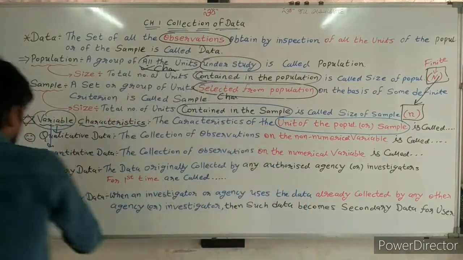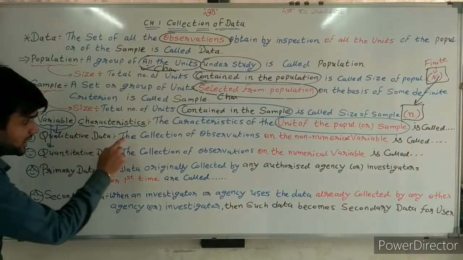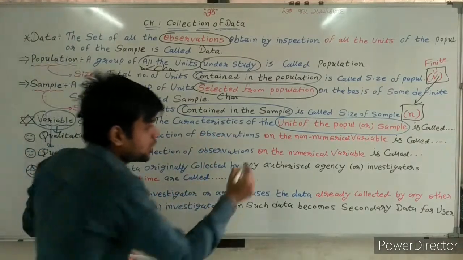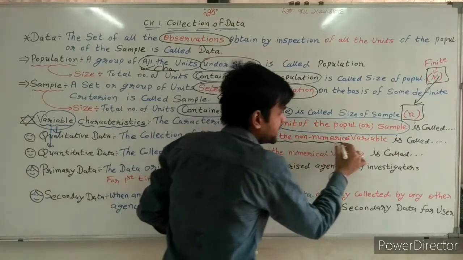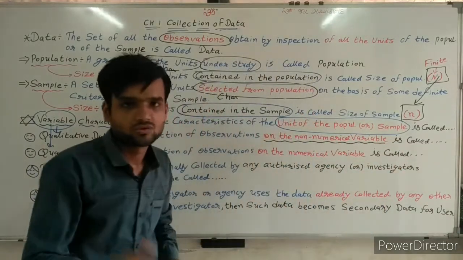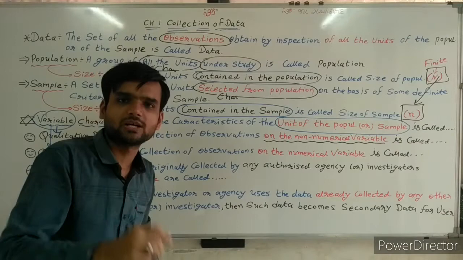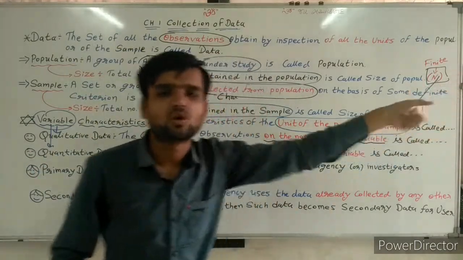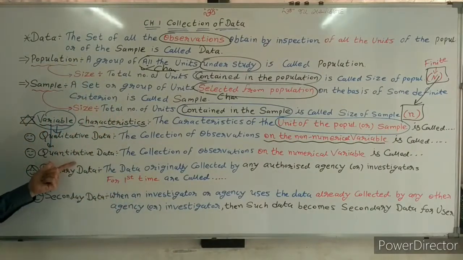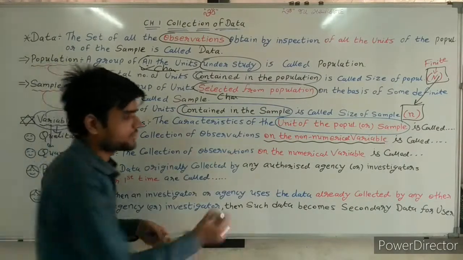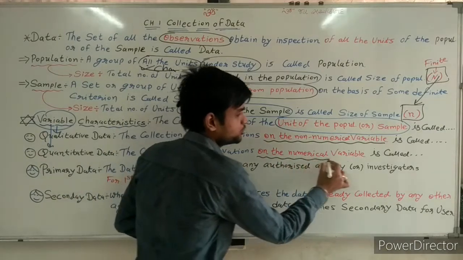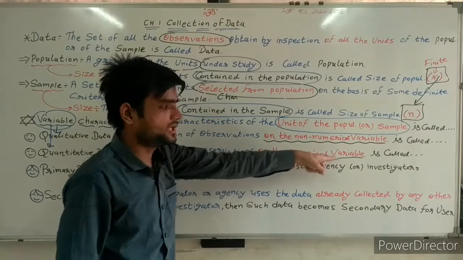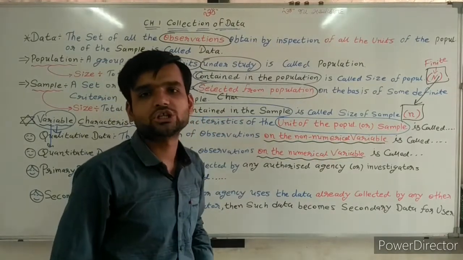So going ahead, qualitative data, the collection of observation on the non-numerical variable. Numerical variable, no, not possible. We cannot measure. Non-numerical variable is called qualitative data. So quantitative, the collection of observation, same thing, but on the basis of numerical variable, which can be count, is called quantitative data.